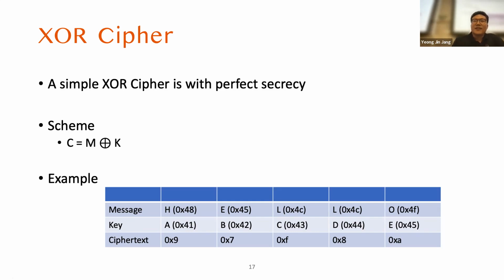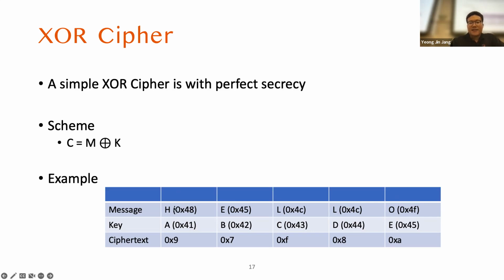Then the XOR encryption applies the XOR operation between these two numbers. Is there anyone who doesn't know what the XOR operation is? This is good. XOR returns 1 if the 2 bits are different. And if the 2 bits are the same, 0, 0 or 1, 1, then it results in 0.